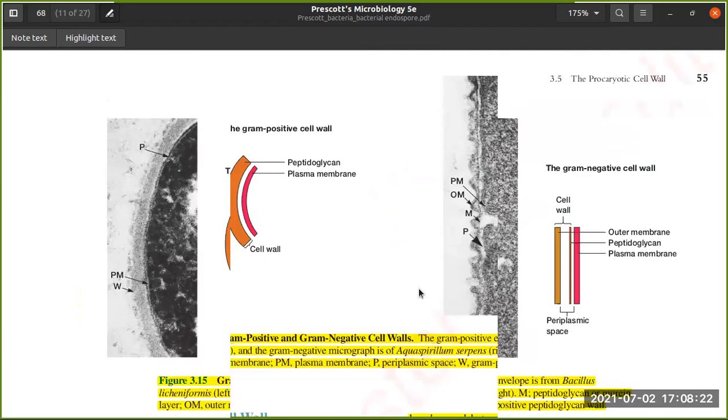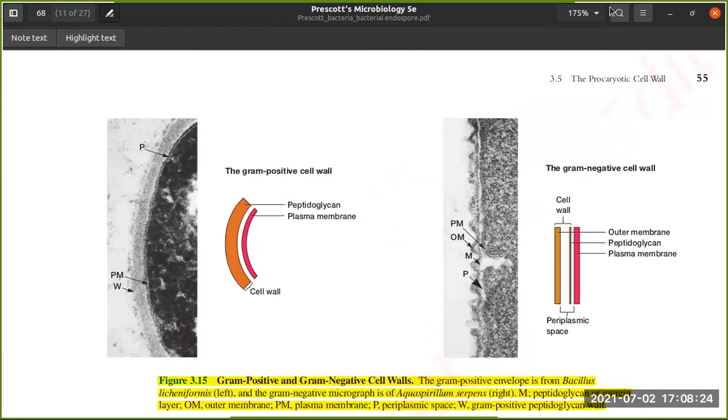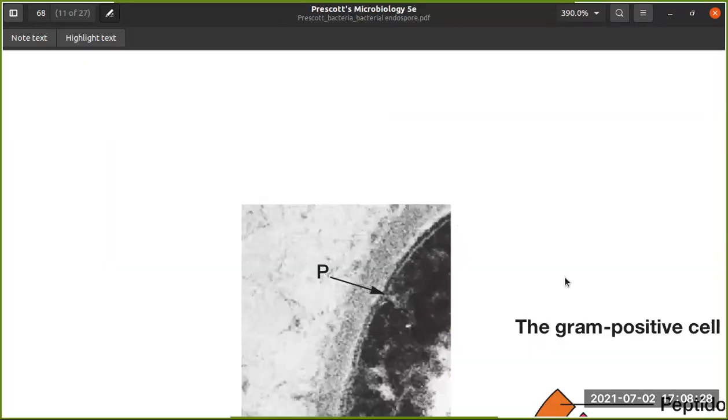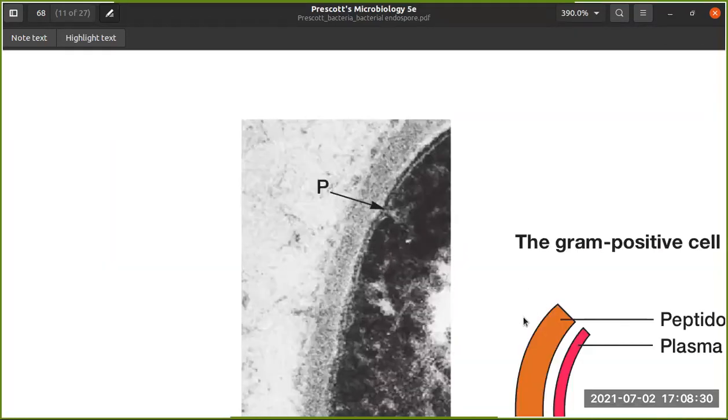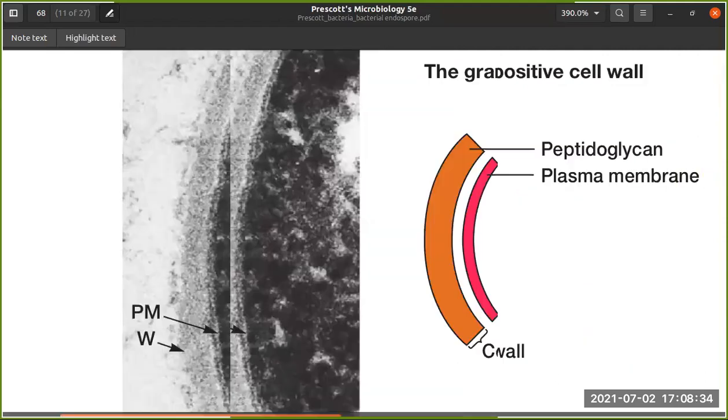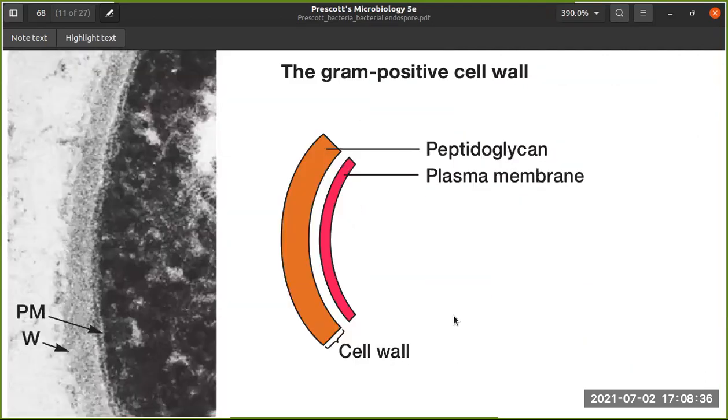So let us look at a gram-positive cell wall. This is the plasma membrane and cell wall. The cell wall is very thick, made up of peptidoglycan layer.